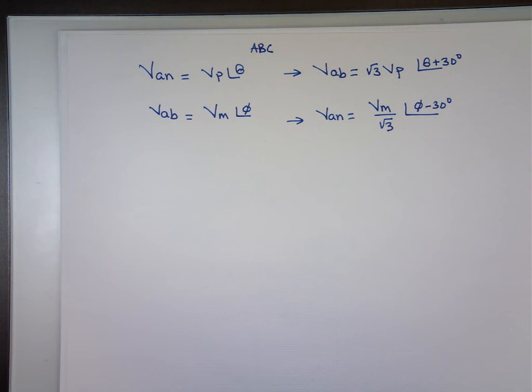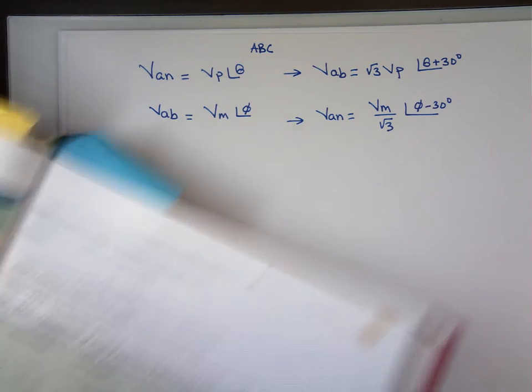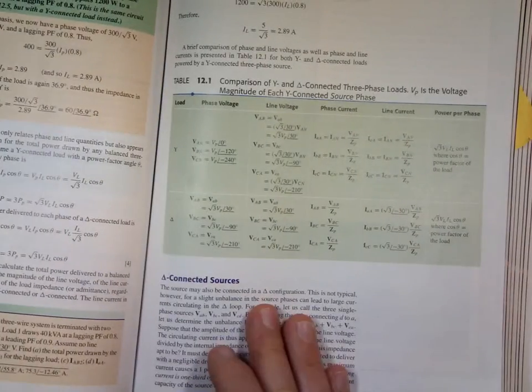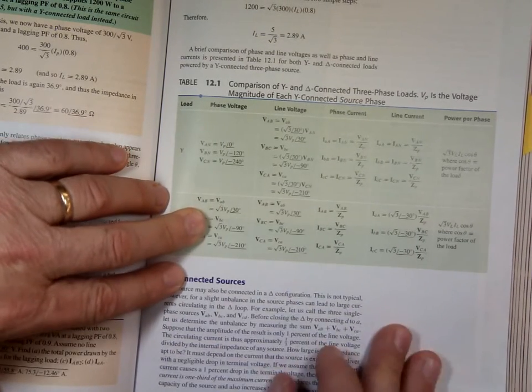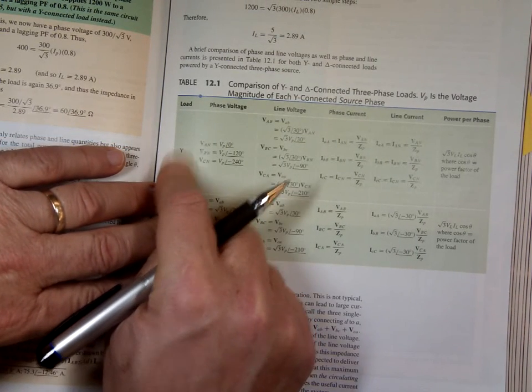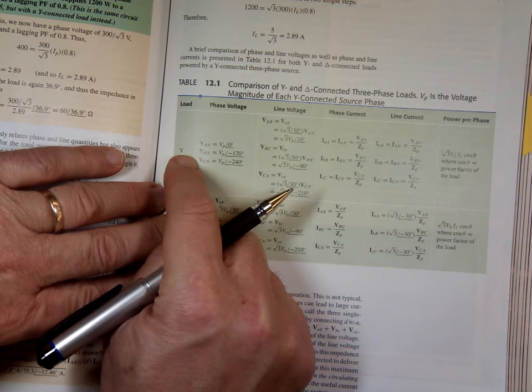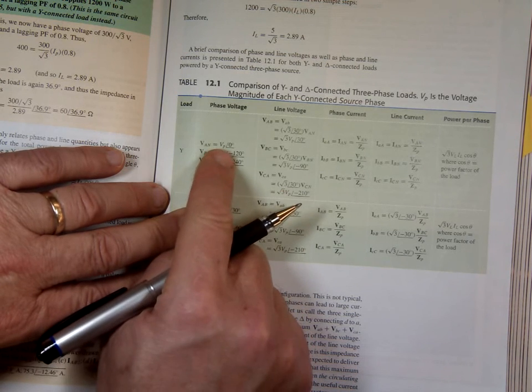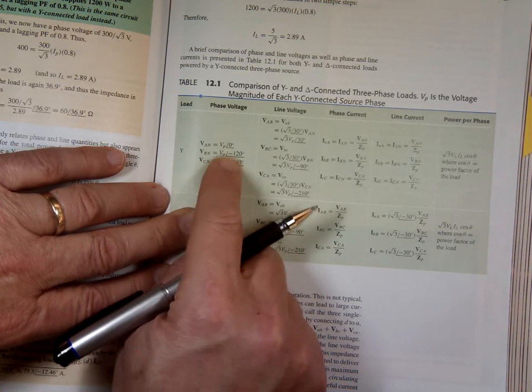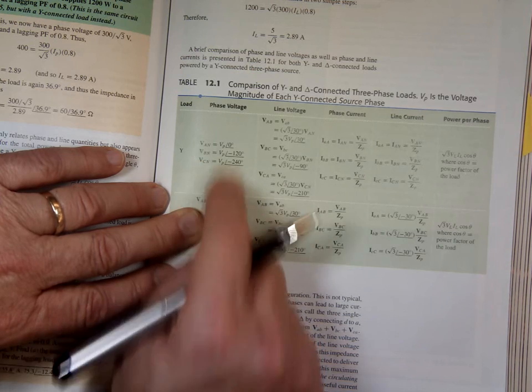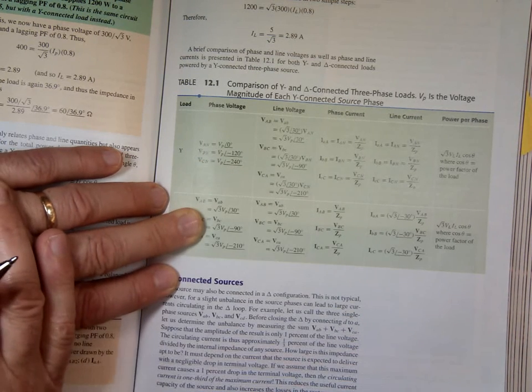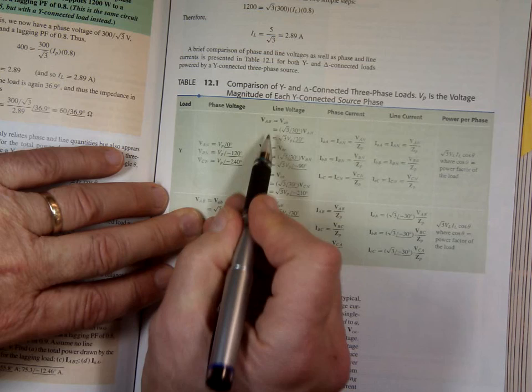Here we go. Our book actually does a full page on conversion here. If you have a Y connected load here, and it's balanced, notice each one has a positive sequence because VBN is negative 120, negative 240. So if you want to find VAB, you multiply it by the square root of 3 and you add 30 degrees to the angle.